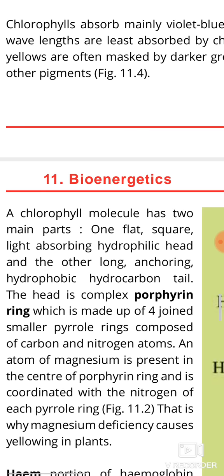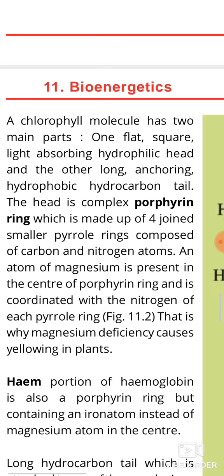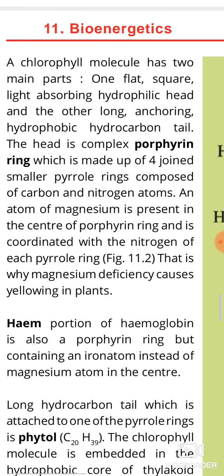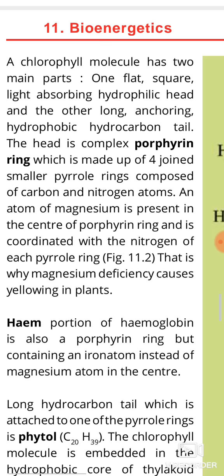That is why magnesium deficiency causes yellowing in plants. The heme portion of hemoglobin is also a porphyrin ring, but it contains an iron atom instead of a magnesium atom in the center.